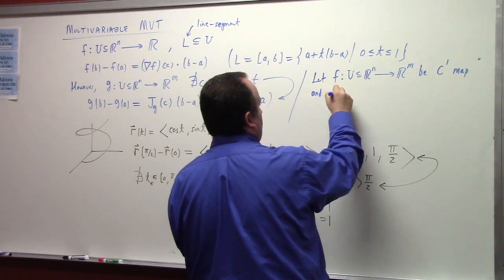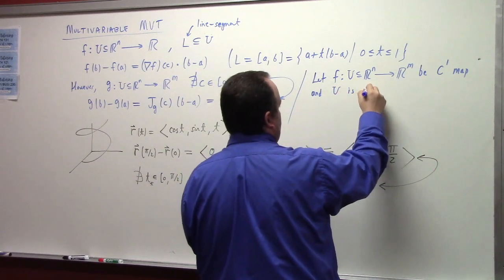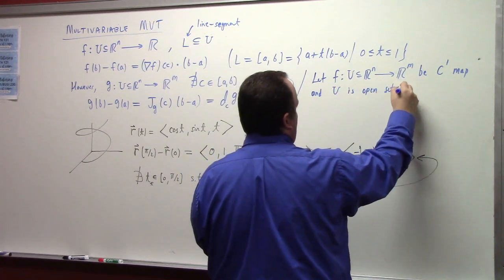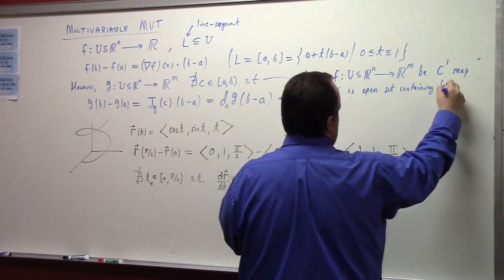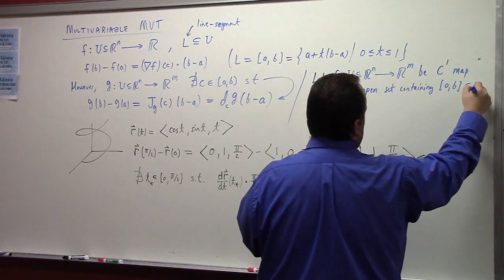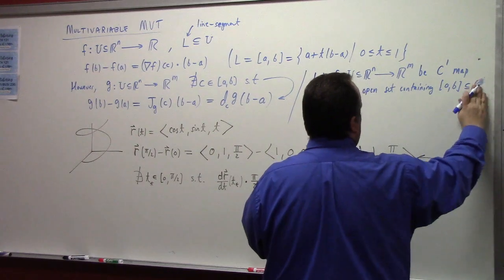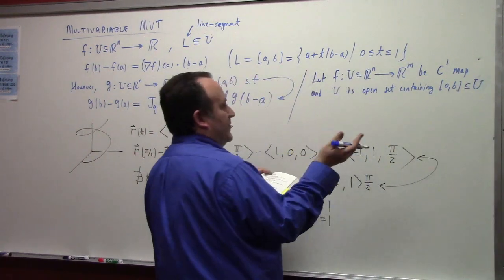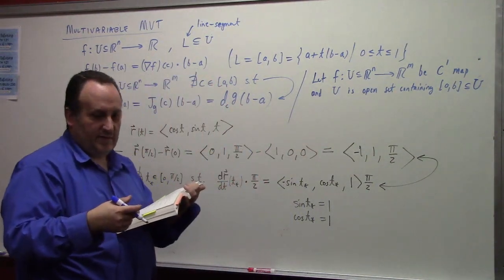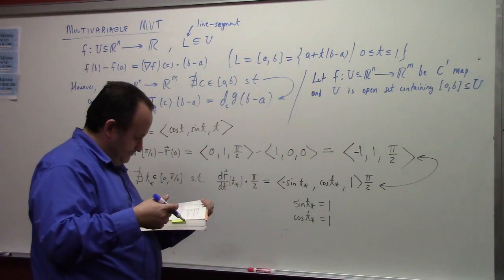And U is an open set containing the line segment AB. In other words, in his language, U is a neighborhood of the line segment.